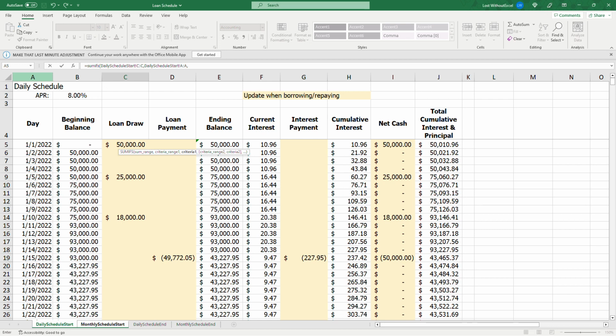The way that I'm going to do that is I'm going to have two criteria. I'm going to say where column A here is greater or equal to January 1st and less than or equal to January 31st.